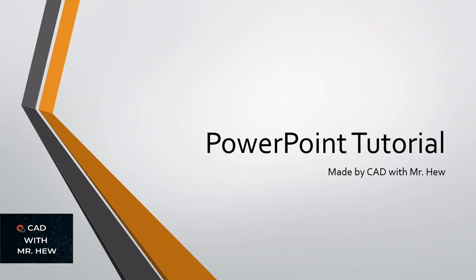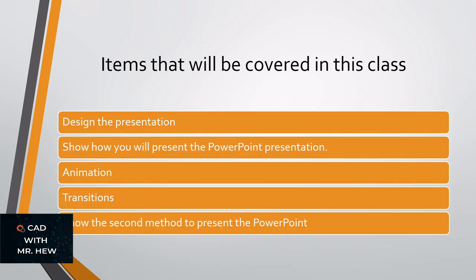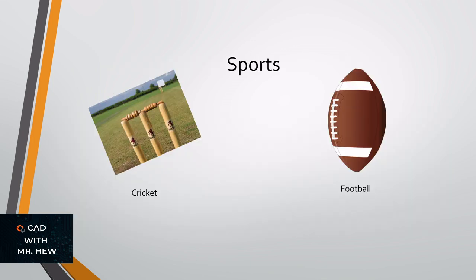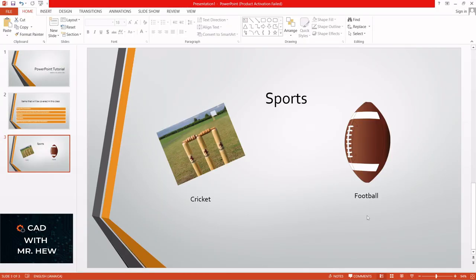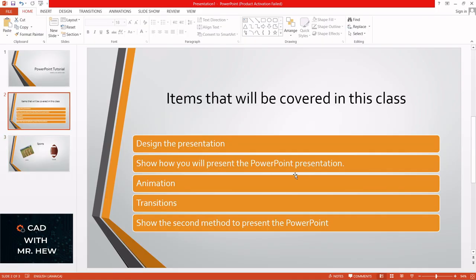I'm going to use my right arrow, right? So this is the second slide. This is the third slide. Now to come back to the original presentation where we made it, you press escape and you'll come back right here. Okay? All right. So we have covered how to present the slideshow.